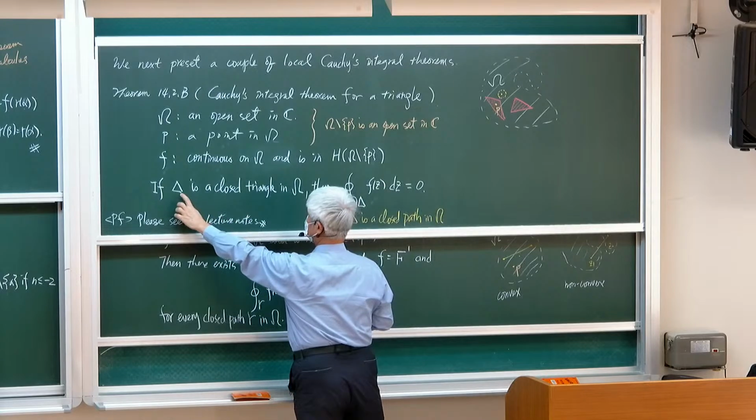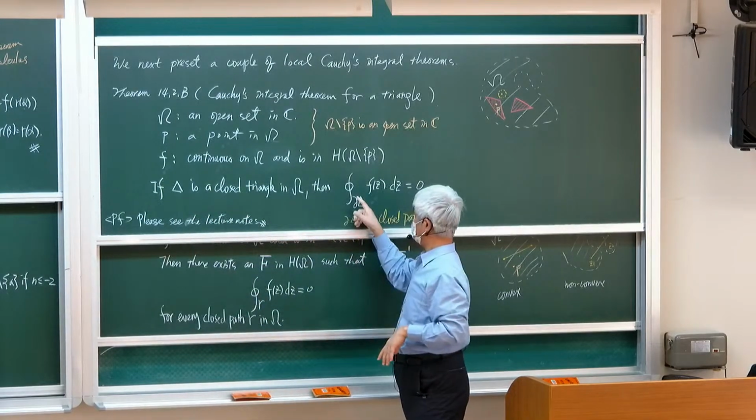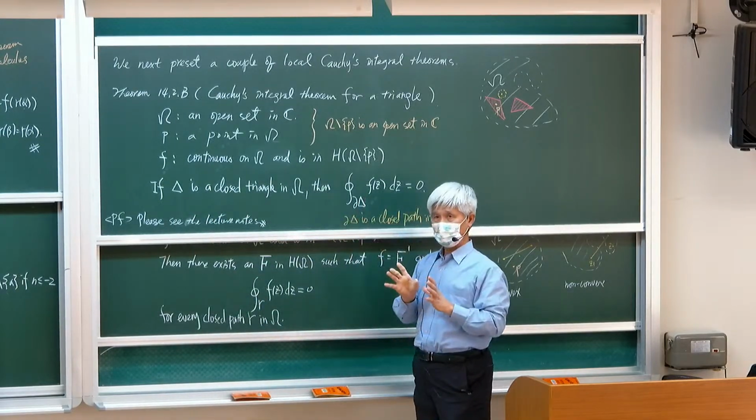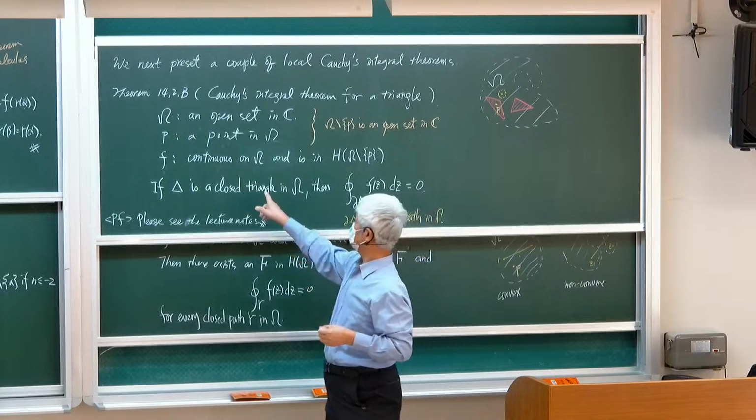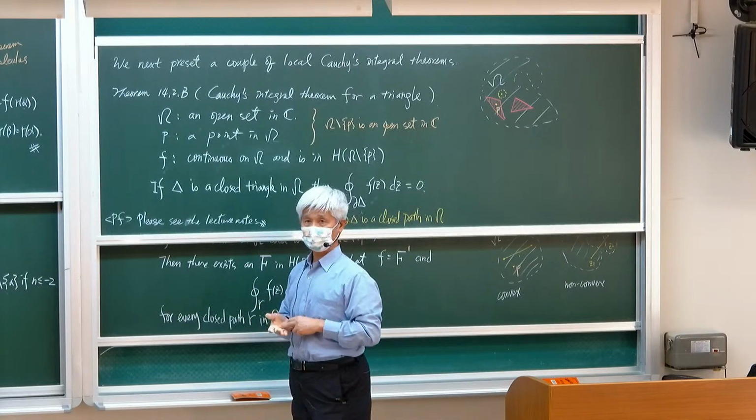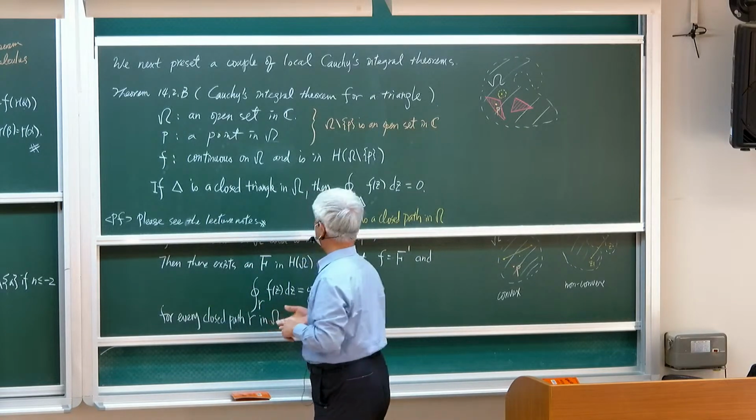For the closed path that is the boundary of a closed triangle in omega.